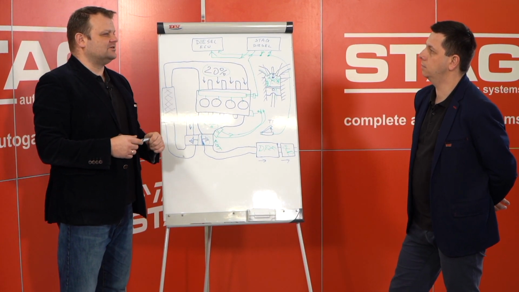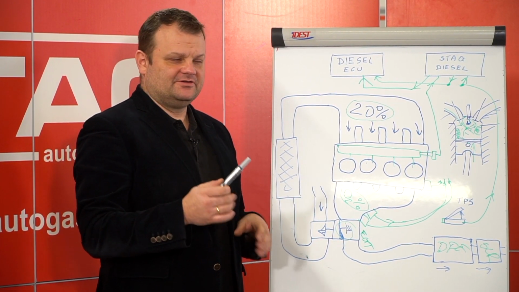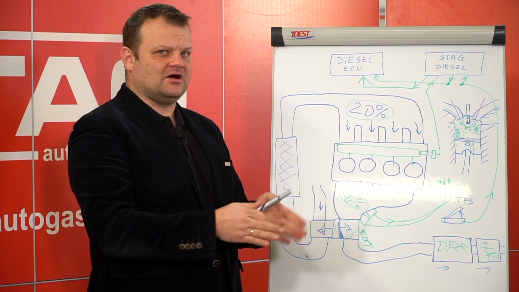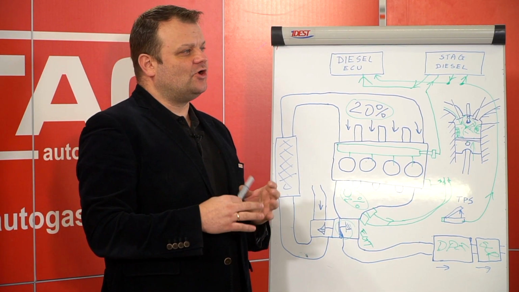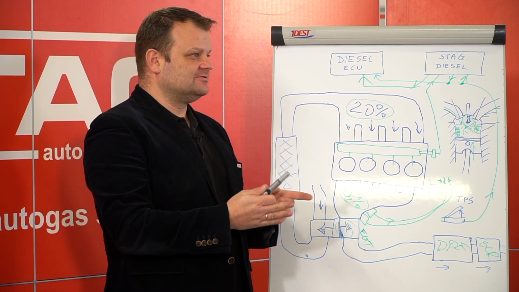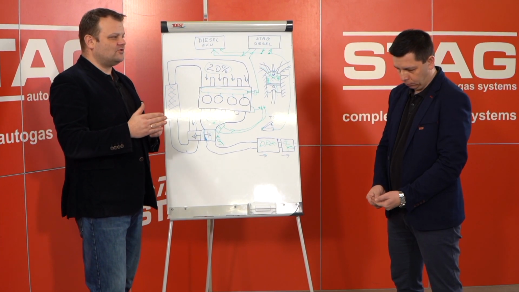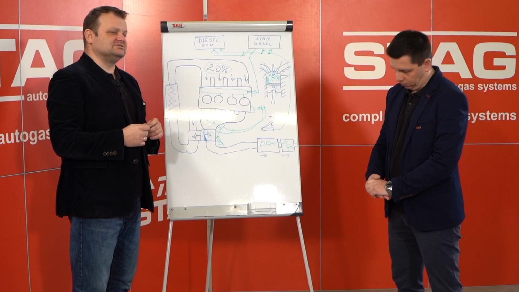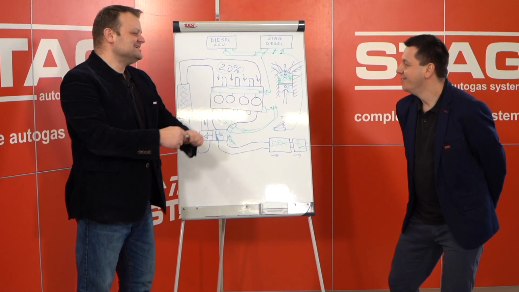First, after choosing the proper kit, depending on the kind of engine, mechanical or common rail, we should know what other components to choose, like the type of controller. We have STAG Diesel 4, STAG Diesel 6, and STAG Diesel 8. What does 4, 6, 8 mean? It is not dedicated to engines with 4 cylinders.